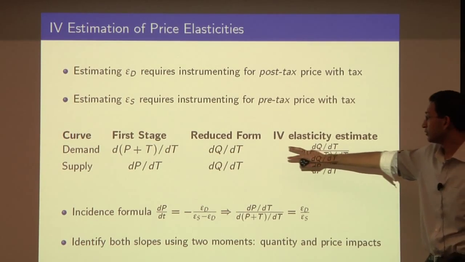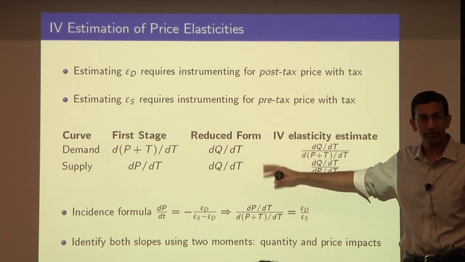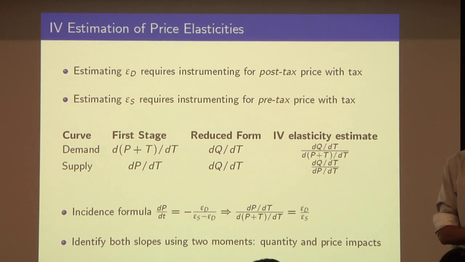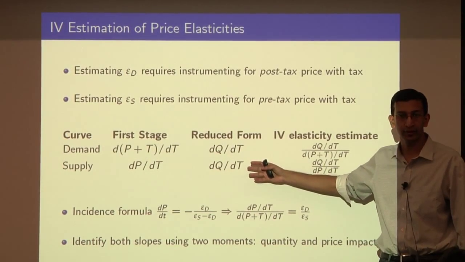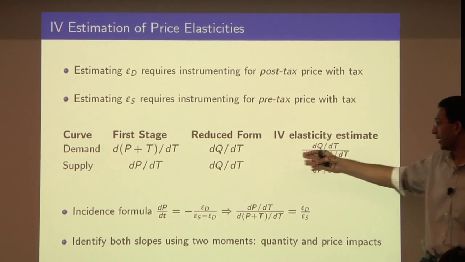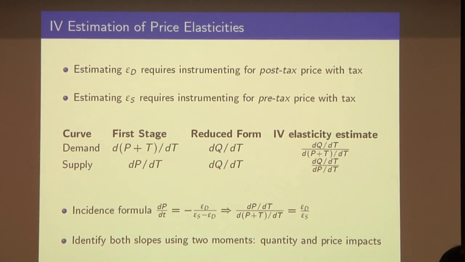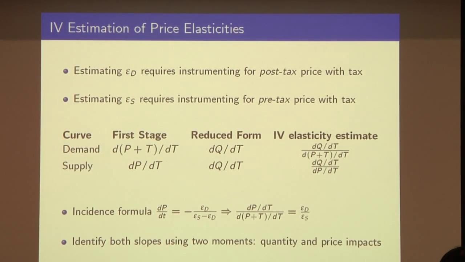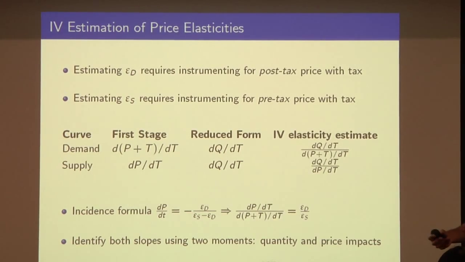Okay, now the reduced form for both the supply and demand curve is just dQ/dT. What is the impact of the tax on the quantity sold? And so the reduced form is in fact identical in the two cases, right? Because when you impose this tax, there's a single quantity shift. And the point of market clearing is that quantity change has to be the same, obviously, for the suppliers and the demanders.